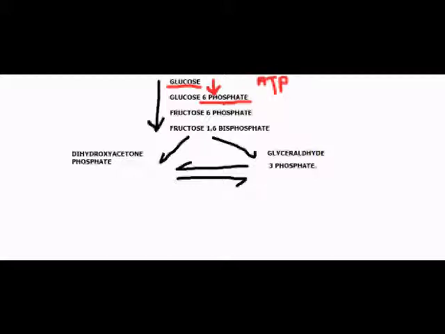This is an important step because it involves the investment of an ATP molecule, and ATP then forms ADP and Pi; the ADP will be free in the cytoplasm, and the Pi will bind onto the glucose.